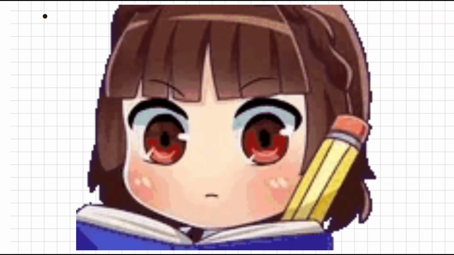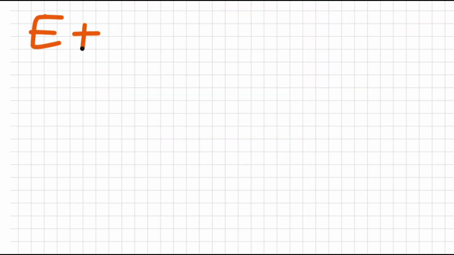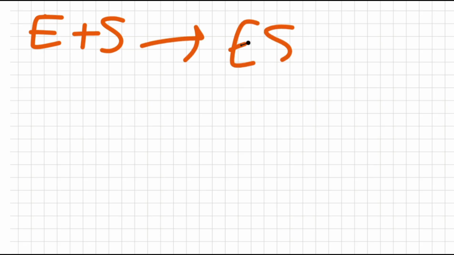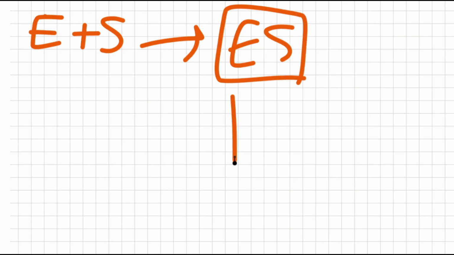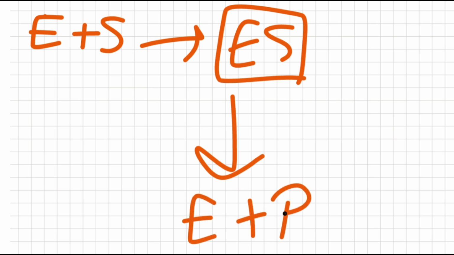First we add the enzyme plus substrate, which gives the enzyme-substrate complex, ES. This complex then further gives enzyme plus product. Here there are key constants.